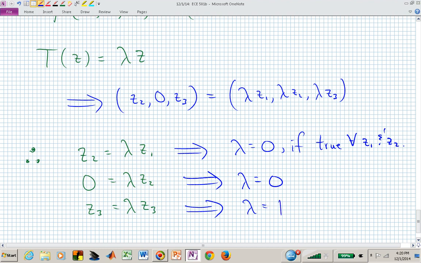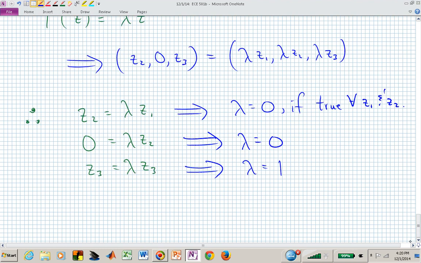We now have identified the three eigenvalues associated with this linear operator: 0, 0, and 1, and we don't have three distinct eigenvalues. So that already raises a flag and says, oh, we may have difficulties with finding orthonormal eigenvectors.